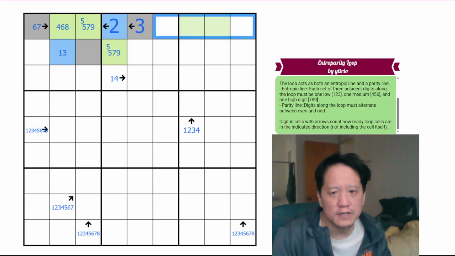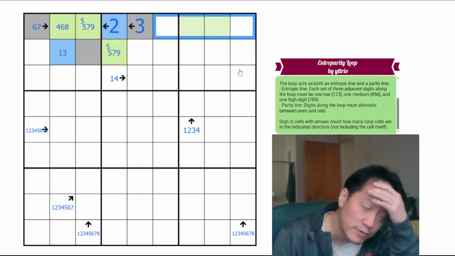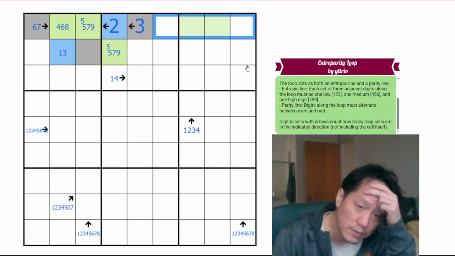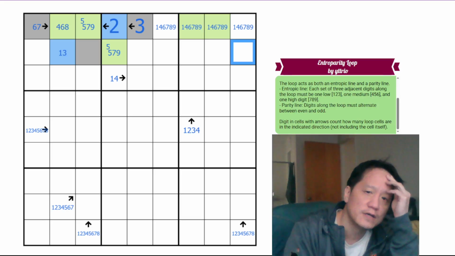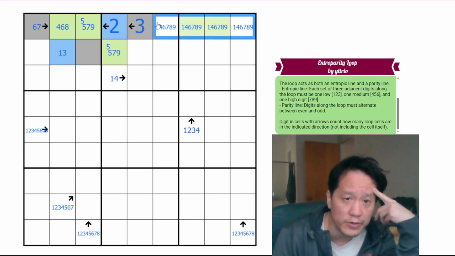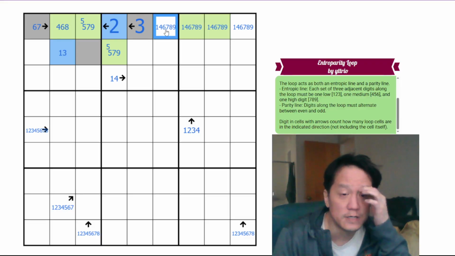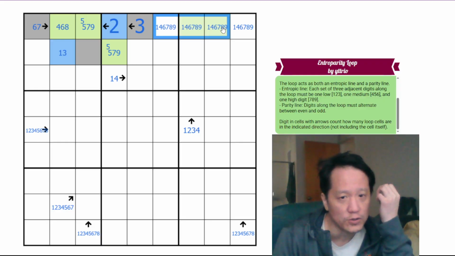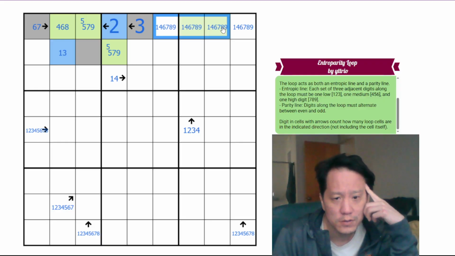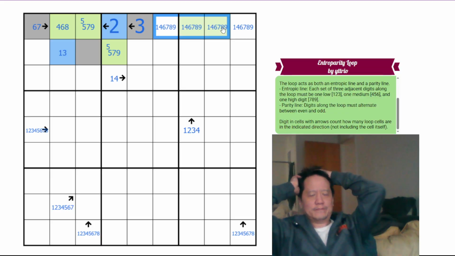Remaining digits in row 1 are 1, 4, 6, 7, 8, 9. We are guaranteed a low in one of these 3 digits, right? Because it's going to be 3 cells along this row on the loop.